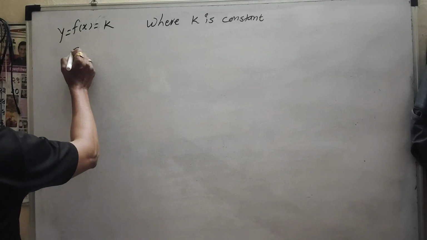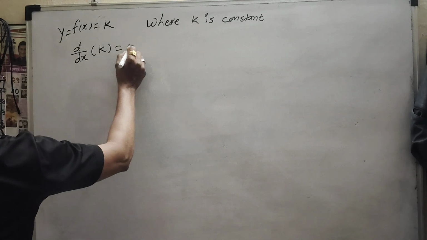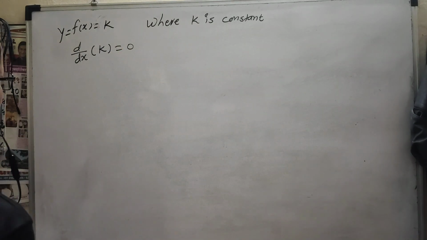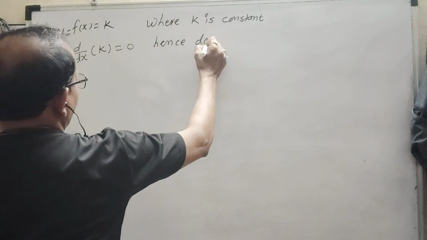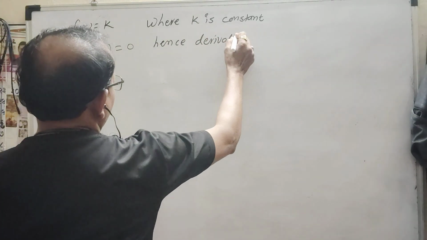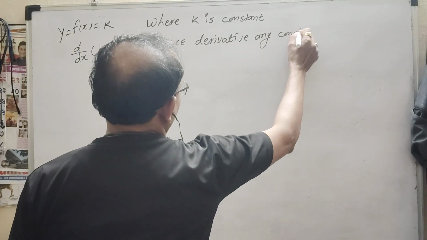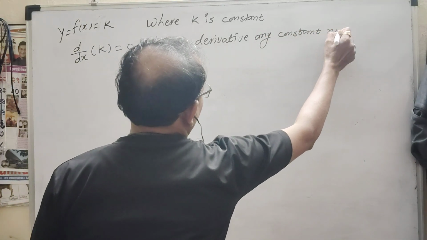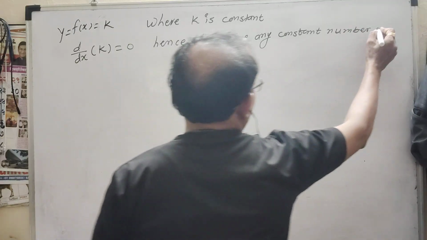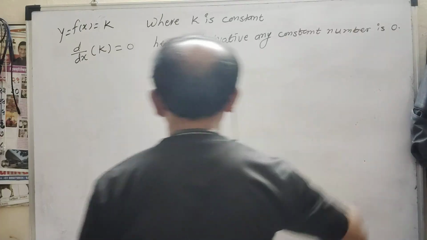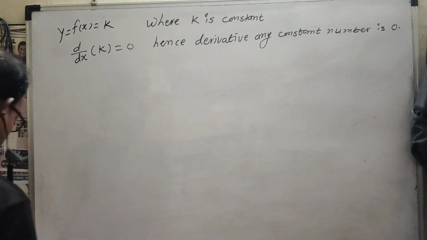Then derivative d by dx of k is equal to 0, which is derivative of any constant number. Hence, derivative of any constant number is 0.